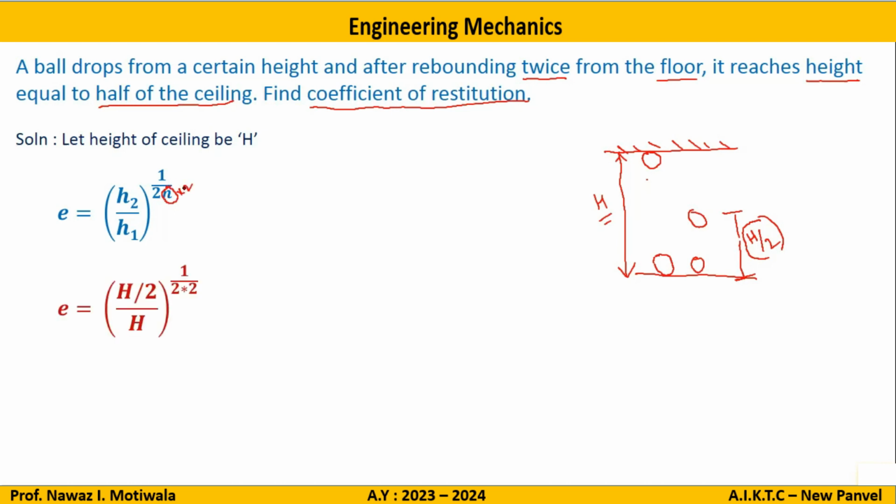Substituting the values, h2 as h by 2, h1 as h, and n equal to 2, this h and this h will get cancelled, and I will get the answer for E as 0.84.